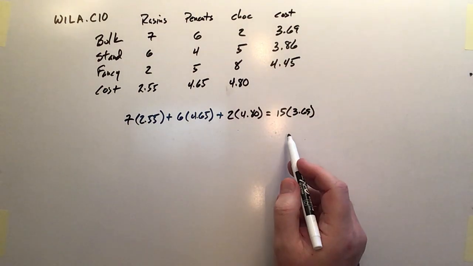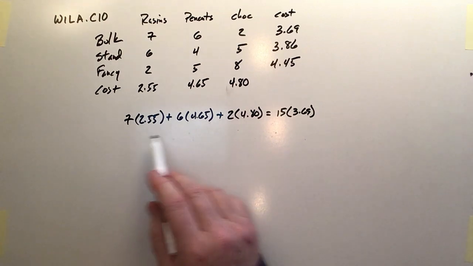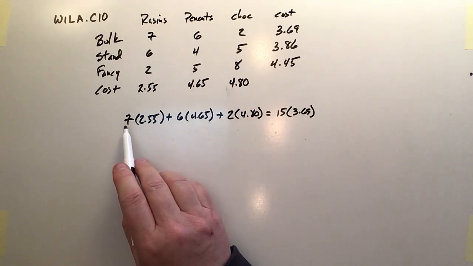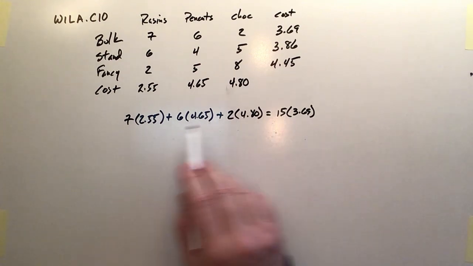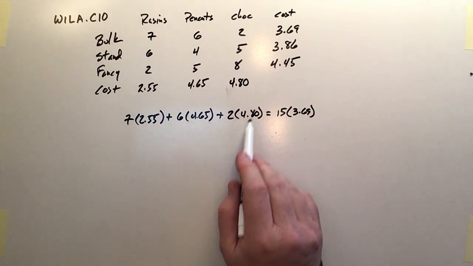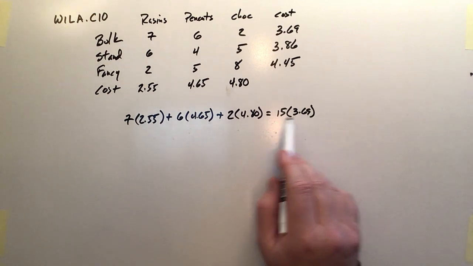Now that actually is a true statement. And of course it looks linear because we have these coefficients for the costs. And of course the costs themselves are going to represent our variables x1, x2, x3, and then we'll end up with some sort of an answer.